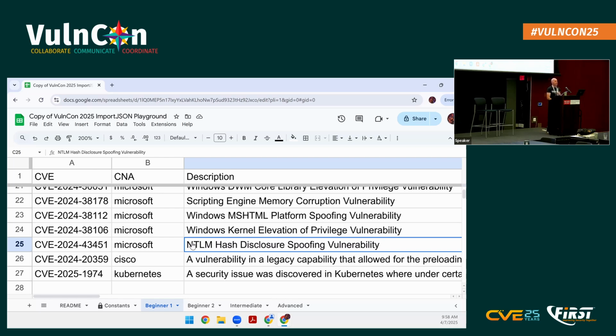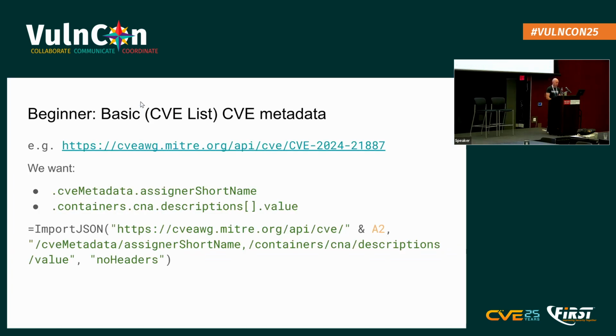But if you end up in a situation where you've got a column with CVE IDs and therefore you want one row per record, and you ask it for something that is an array, if it would clobber the row below, it won't. It will say, I'm not going to do that because I would overflow into the row below, and no banana for you. So that's something to bear in mind, and that's where it gets a little bit tricky. If you ask for too much, you'll get into a situation where it doesn't give you what you would like.